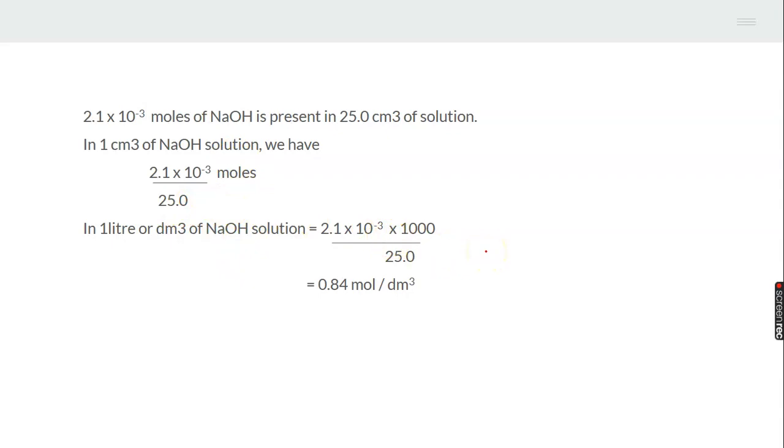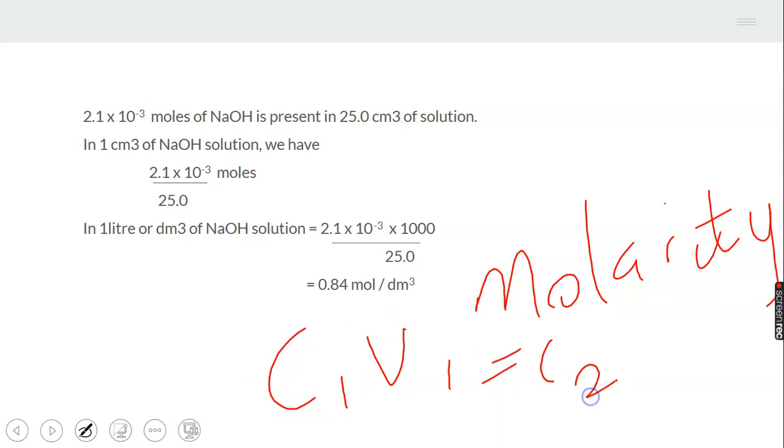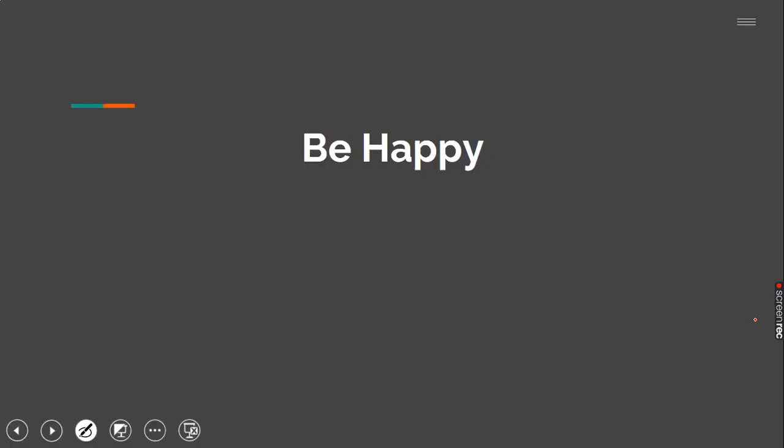That will give us 0.84 mole per dm cube, or you can call it molarity. The same thing. And you can always use your C1V1 equals C2V2, which equals number of moles. Anyone you feel like using is quite simple.